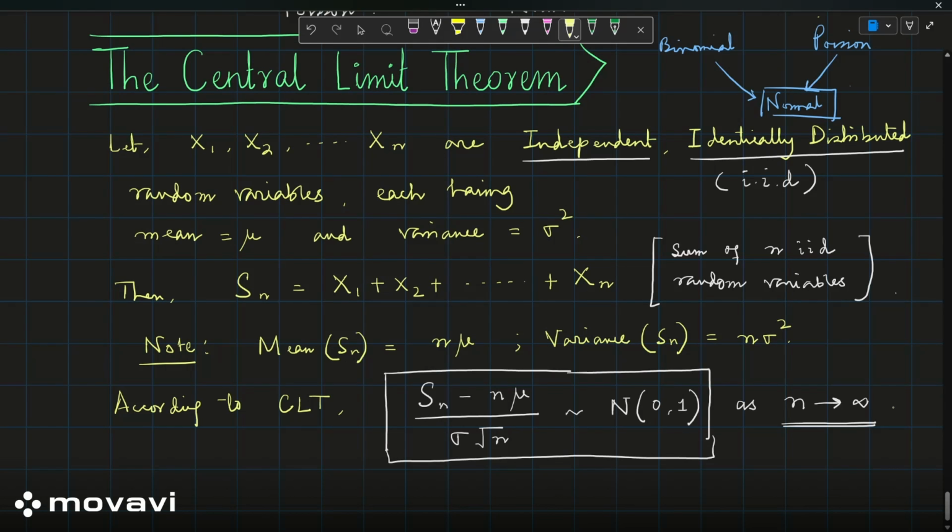And the more fascinating case is that it can also be shown that this theorem is true under a more general condition. For example, it holds when all these small random variables x1 to xn are independent with same mean and same variance, but not necessarily identically distributed. Even in that case, the central limit theorem holds true.